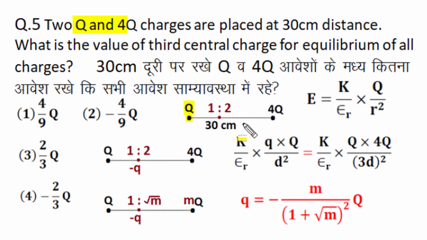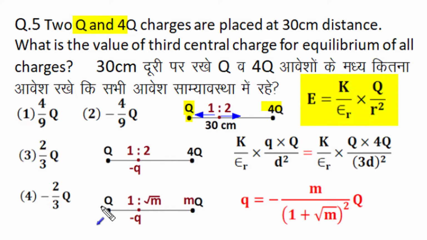For two like polarity charges, the electric fields would become equal and opposite if the capital Q charge produces the same electric field as the capital 4Q charge. Since electric field is proportional to Q upon R square, the distances would have a ratio of 1:2, so that at 2 times the distance, the 4Q charge produces the same electric field as the smaller charge.